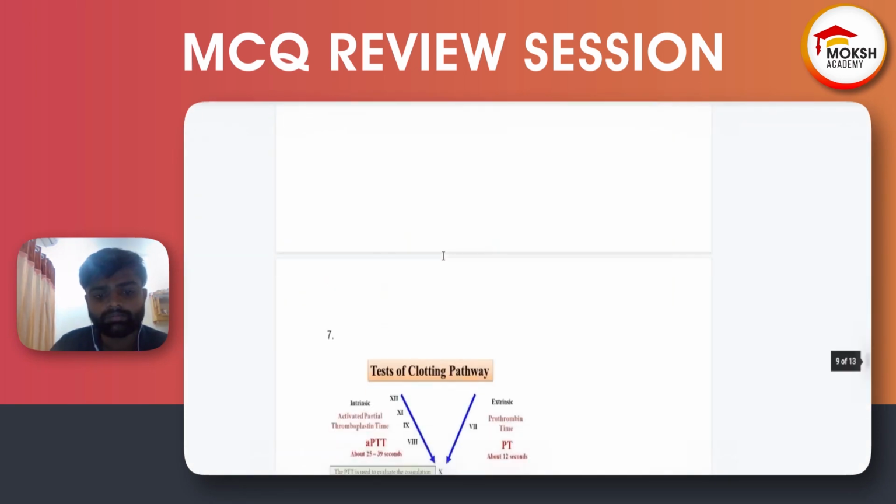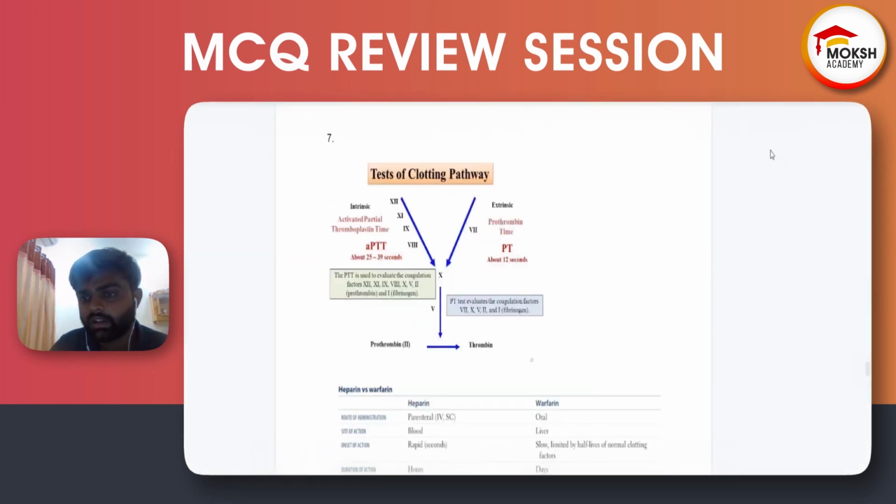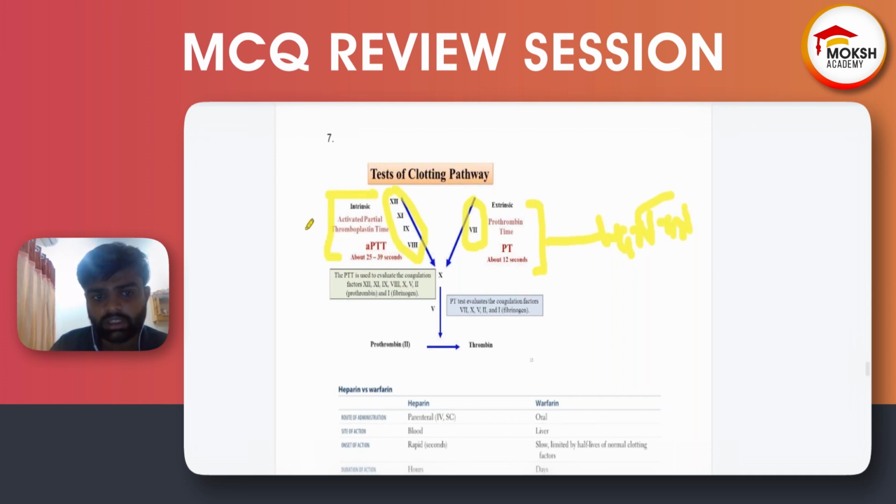So remember, there are certain factors in the intrinsic pathway, and there are certain factors in the extrinsic. The extrinsic pathway is affected by warfarin, and the intrinsic pathway, which causes a prolonged PTT, is affected by heparin. Okay, so normal PTT is 25 to 40 seconds, while PT normal is 12 seconds.